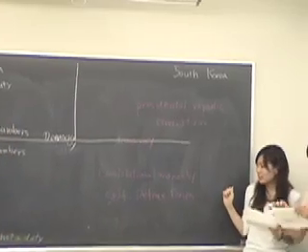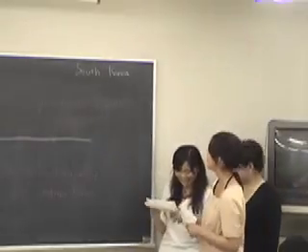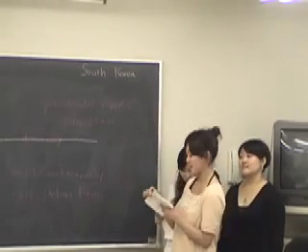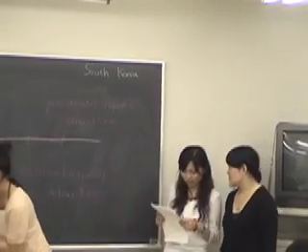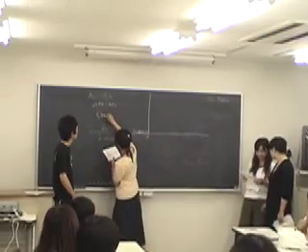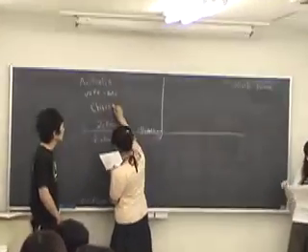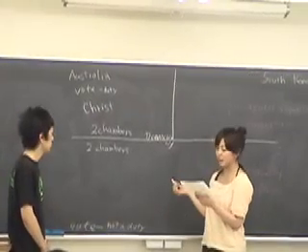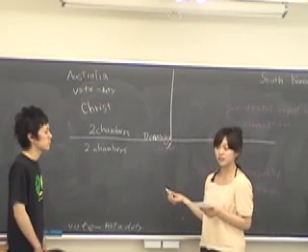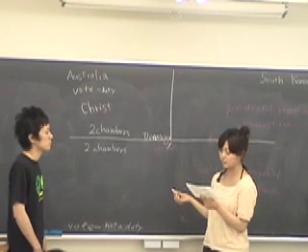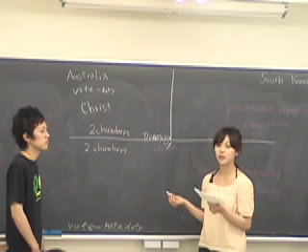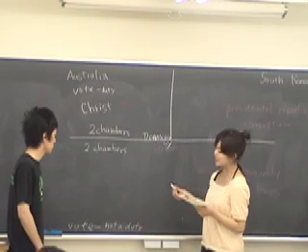So next, we'll talk about religion in Australia, South Korea and Japan. I'll talk about Australian religion. In Australia, about 70% of people are Christian. However, as Australia is a country of immigrants, there are many other kinds of religions such as Buddhism and Islam. But Australians' view of religion is almost the same as the Japanese.